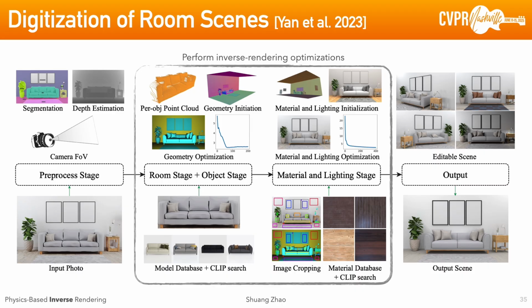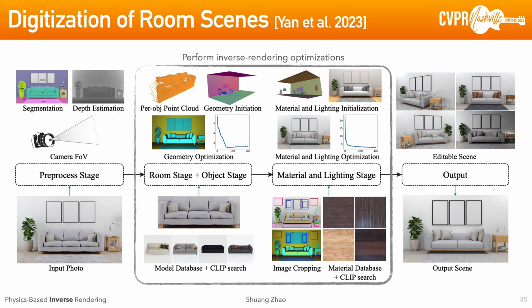So this is the whole pipeline. I'm not going to go over too many details. I just want to point out that in this pipeline, we took a model database. We try to retrieve furniture objects from that database based on certain kinds of loss numbers. And we apply, again, inverse rendering optimizations at the intermediate stages of this pipeline.